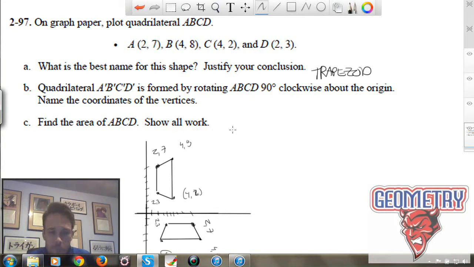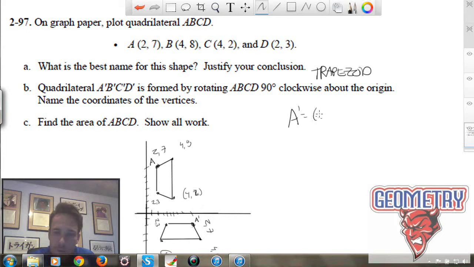We want to find out the coordinates of these vertices. So the original point here, 2, 7, this was A. So the original point was over 2, up 7. So when we rotate it, now it's over here, this is A prime. Now it's over 7, down 2.